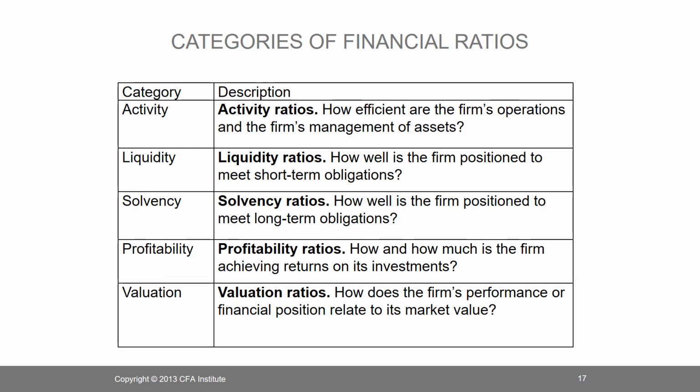Liquidity ratios try to assess how well the firm is positioned to meet short-term obligations, while solvency ratios try to gauge how well the firm is positioned to meet long-term obligations. The profitability ratios try to figure out how and how much the firm is achieving returns on its investments. And finally, the valuation ratios try to assess how the firm's performance or financial position relates to its market value.